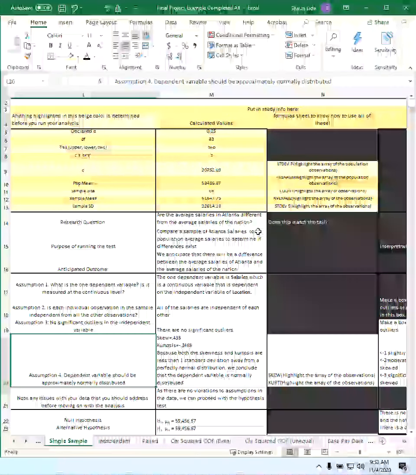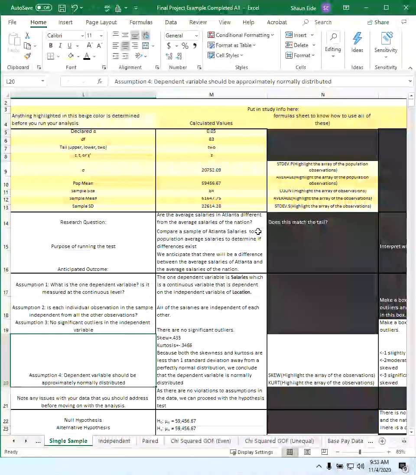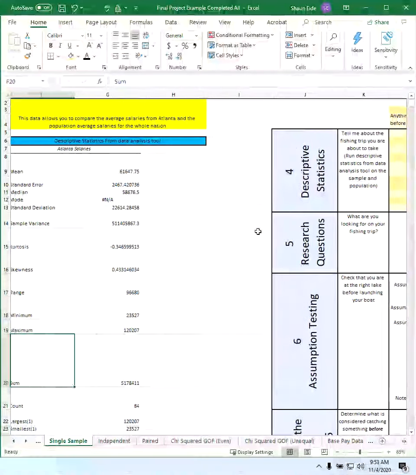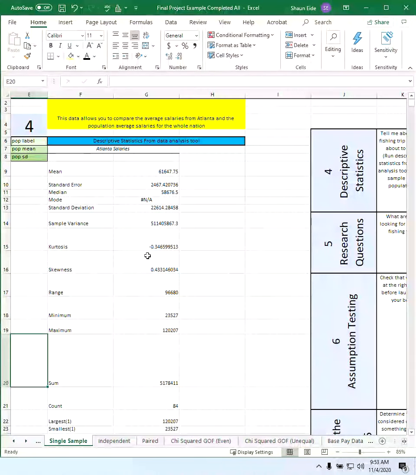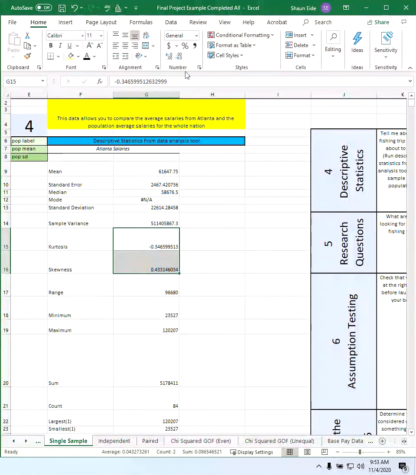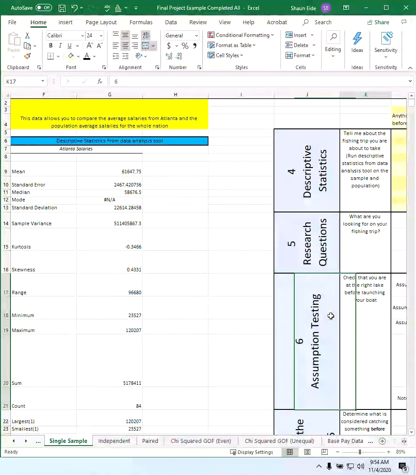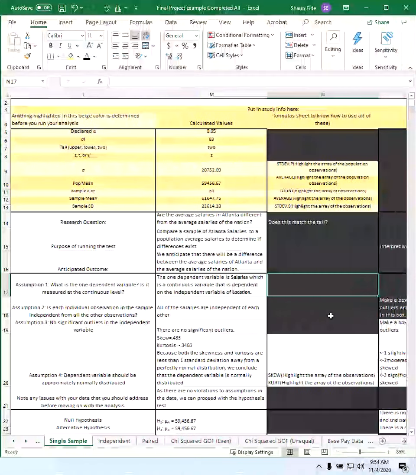The next thing you're going to do is check that dependent variables should be approximately normally distributed. In order to determine this, you need to determine the skew and the kurtosis. So we're going to come over here to skew and kurtosis. This is really easy, you can just round it to 4.